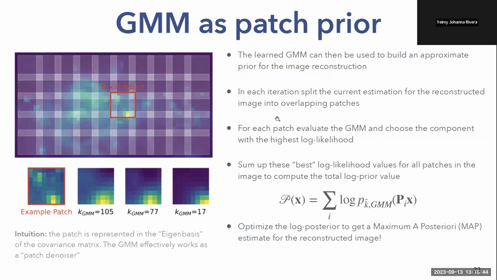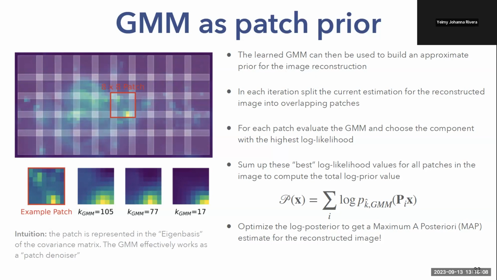This is then how this Gaussian mixture model is used during the actual reconstruction. The image that I would like to reconstruct, shown in the background here, is split into overlapping small patches. Then for each of the small patches, I evaluate the likelihood of the Gaussian mixture model, and I do this for all 200 components of the Gaussian mixture.